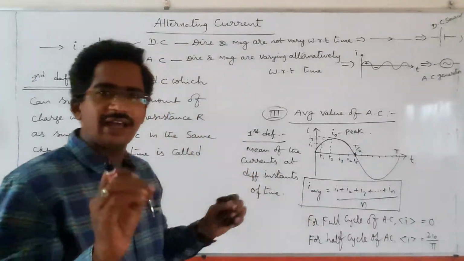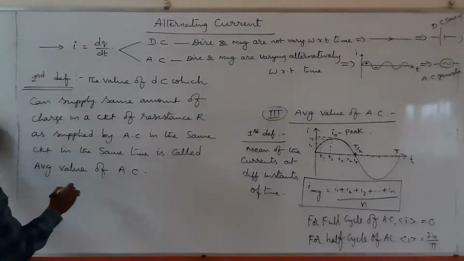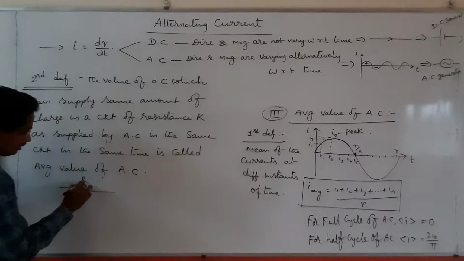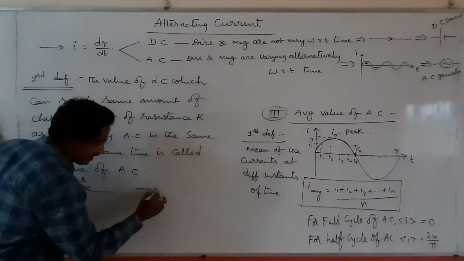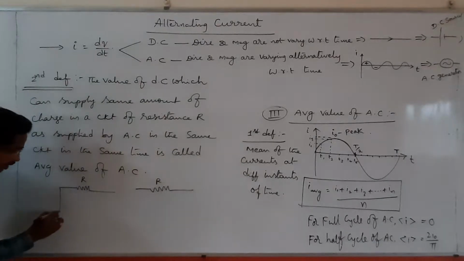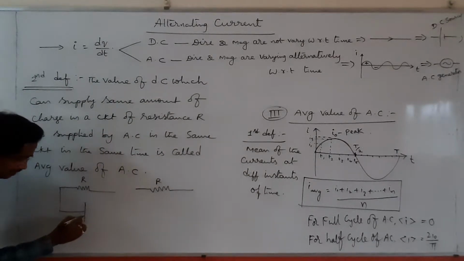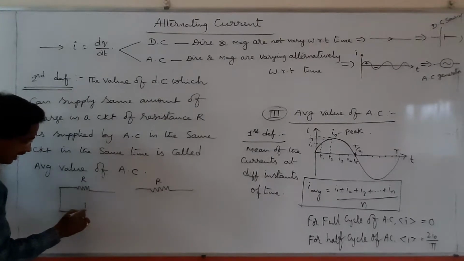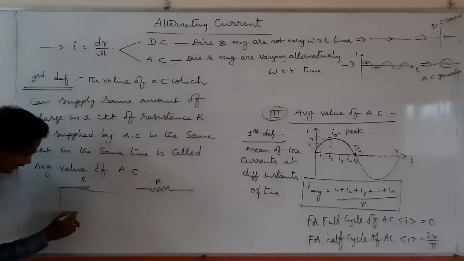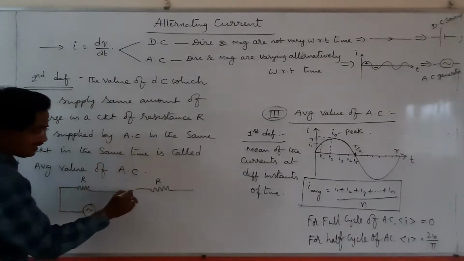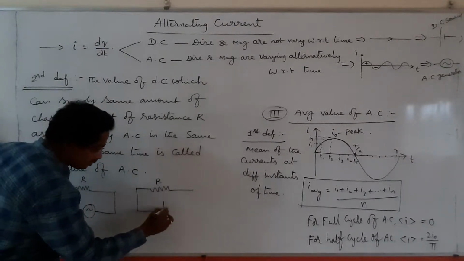That means one circuit I am considering first is a resistance circuit, and here I am taking one more circuit. For this I am connecting an AC source, and here I have connected a DC source.